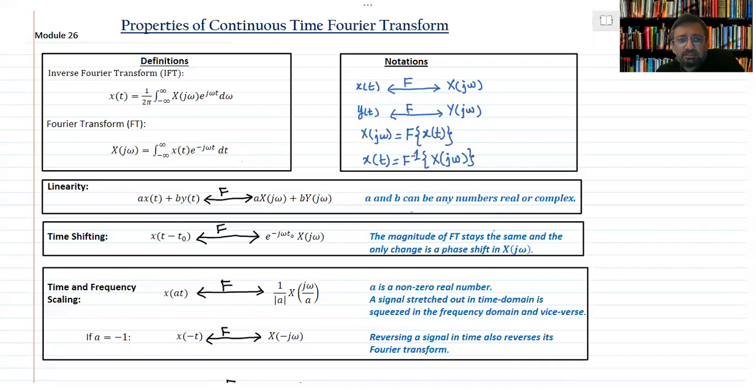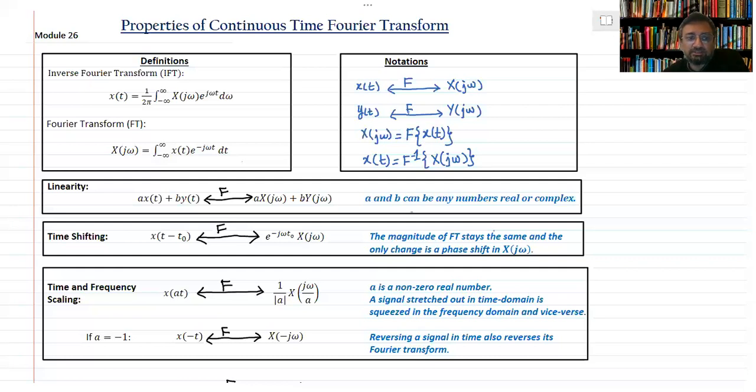We discussed the stretching and shrinking or compressing of the signals in module 24. Over there, we were considering the rect and sinc pulses, and we saw what happens to the signal when we either increase the width of the rect pulse or decrease its width.